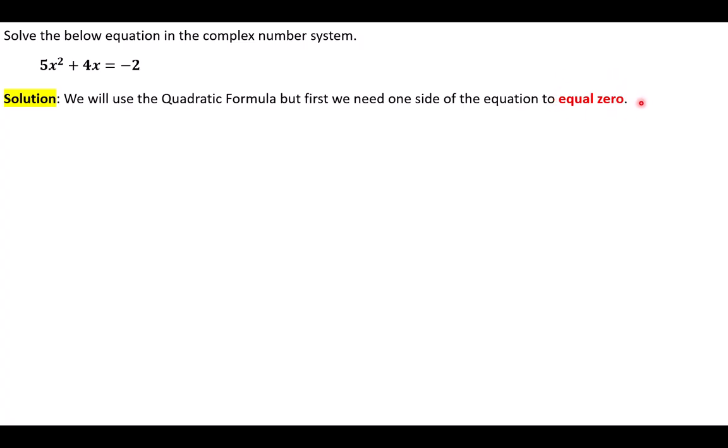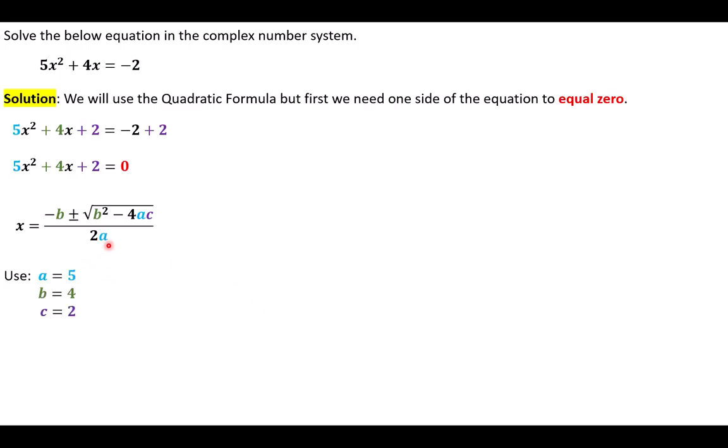That is absolutely essential. But we will use this quadratic formula. First, however, we're going to add 2 to both sides so that this negative 2 and this positive 2 eliminate, and we get this 0, which we absolutely need to use this quadratic formula.